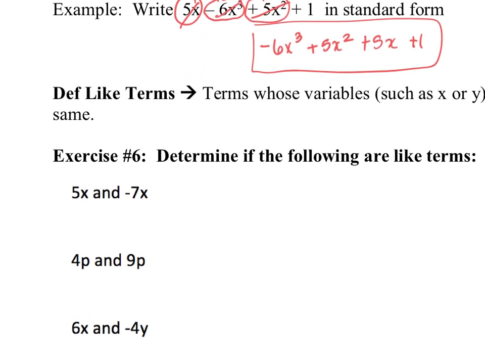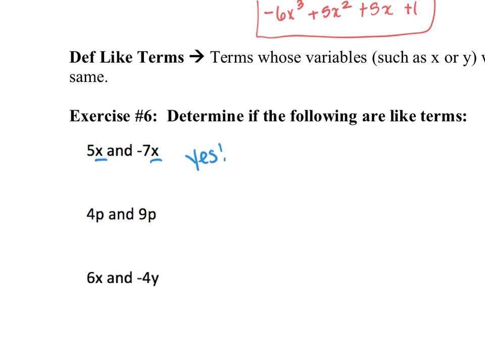If I look, I have a 5x and a minus 7x. The things we need to ask ourselves, do they have the same variable? Do they have the same exponent? If I look, I have a 5x and a minus 7x. These are like terms because I just have an x and I just have an x. And if I look at my next example, I have a 4p and a 9p.